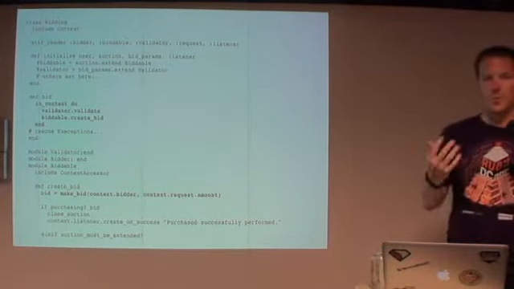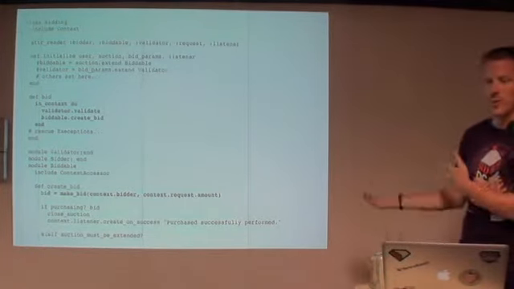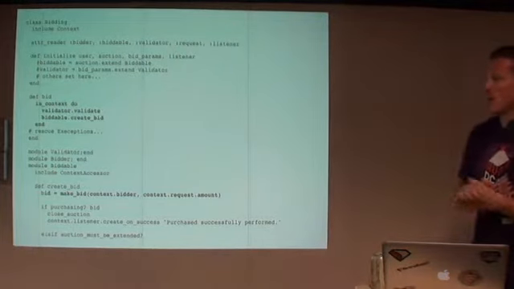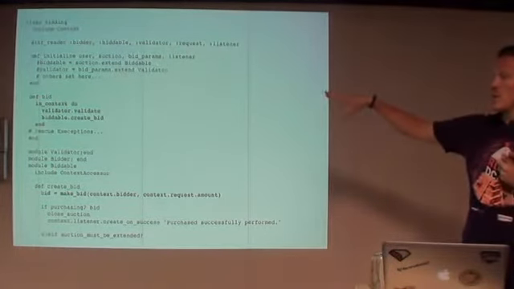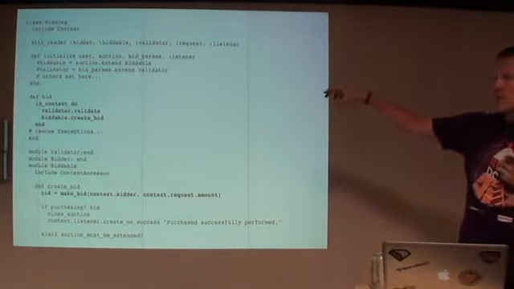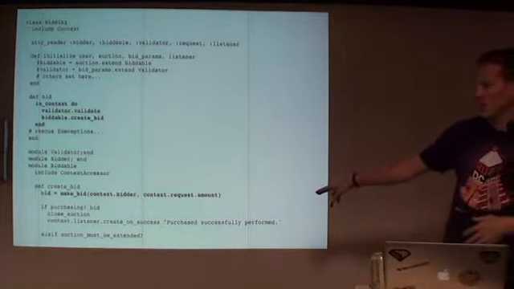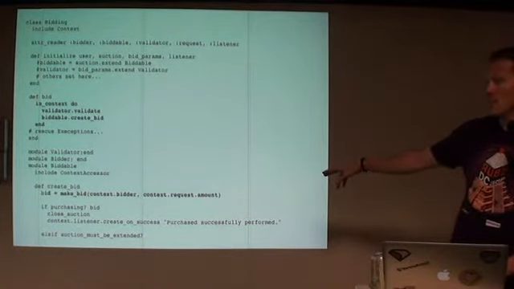Just like when we're in the global scope, we know classes exist, we know global variables exist. We don't have to do anything special to reference them. I'd really like to get away from having to wrap the method in this in-context. And down below, there's a create bid method that's defined inside the biddable module.